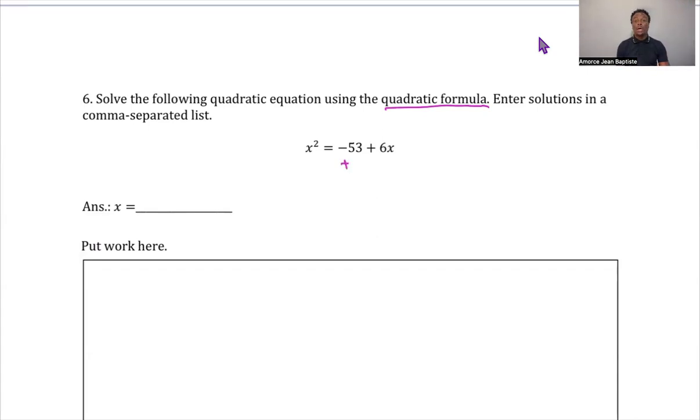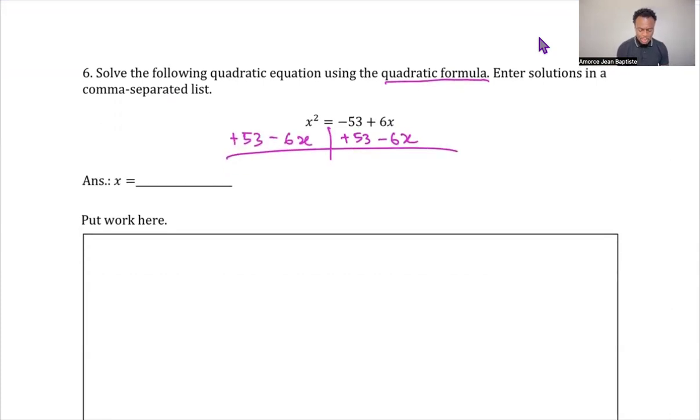I always like to move the non-square terms, so that I keep my square term with the positive sign. If it was negative, then I would prefer moving it, but I would always write my expression on the left and then equals 0. So I add 53 on both sides, minus 6x, and then on the other side, I do the same thing.